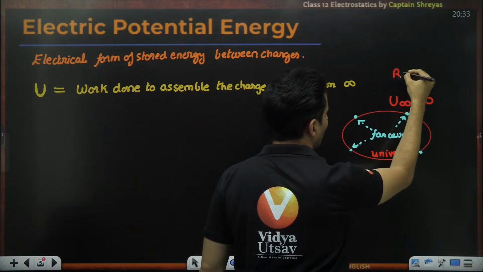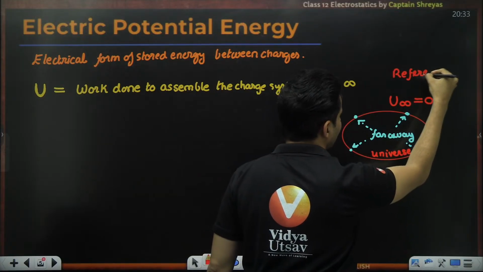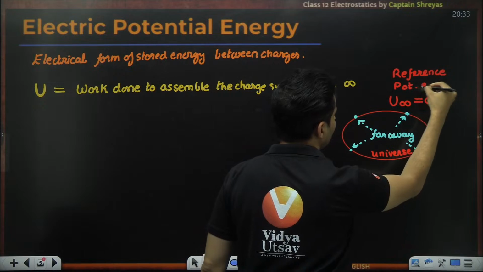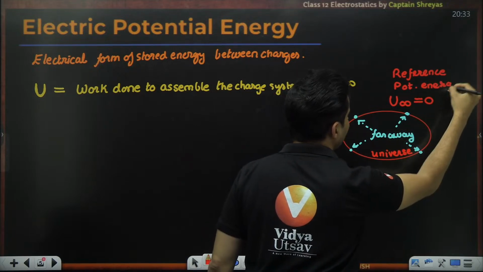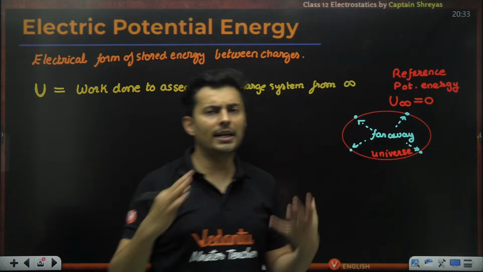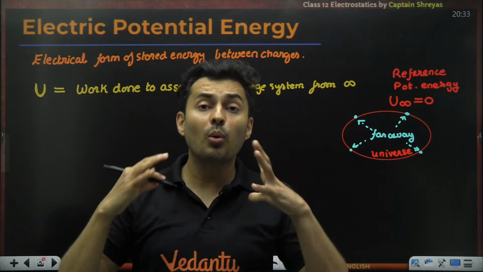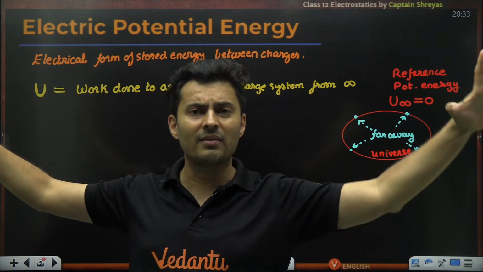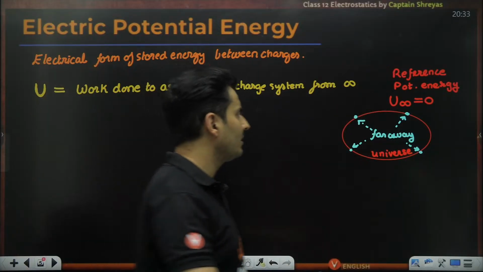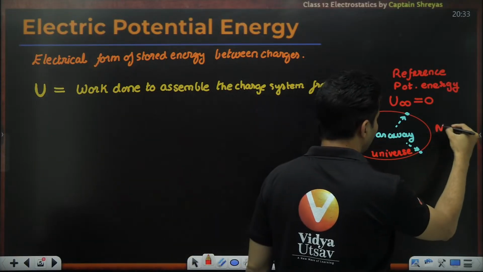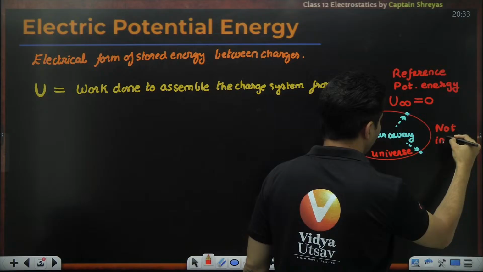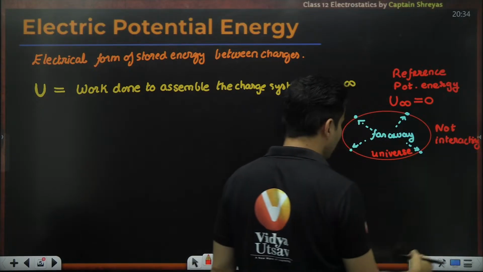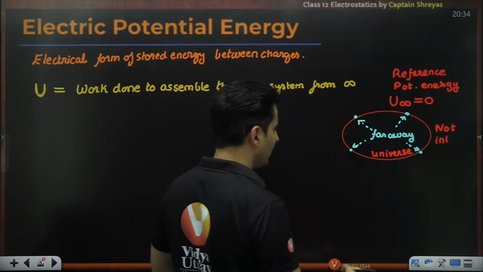This is also called your reference potential energy. All the energies are always measured with respect to this situation, because when they are far away, they are not interacting with each other, and because they are not interacting, they have no way to know who is there and who is not.